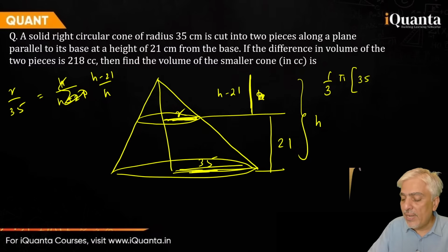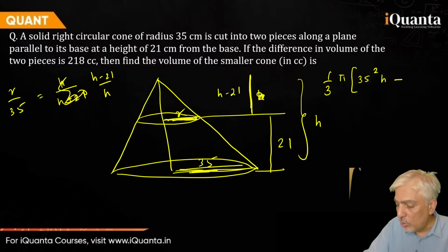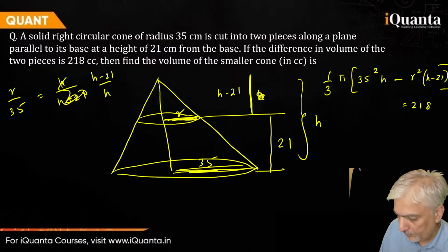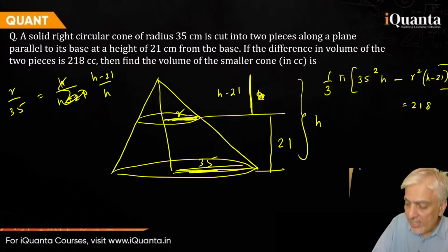So 1/3 pi r square into h minus 1/3 pi r square, which we don't know, into h minus 21, the 21 is 218. Nothing is cutting. Lot of things are missing. I have a feeling this height is either this height.